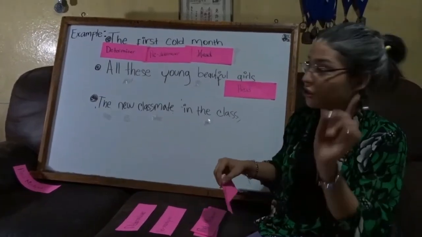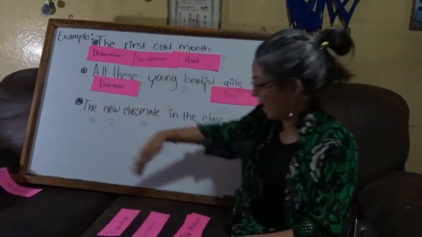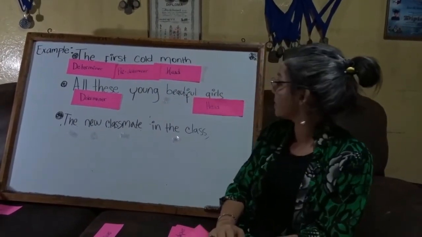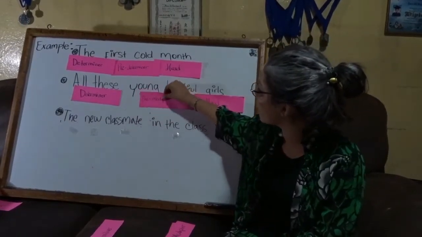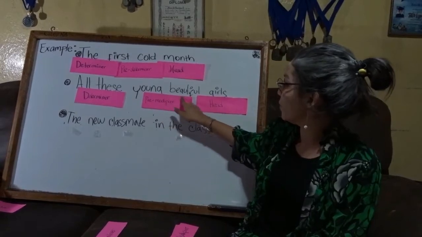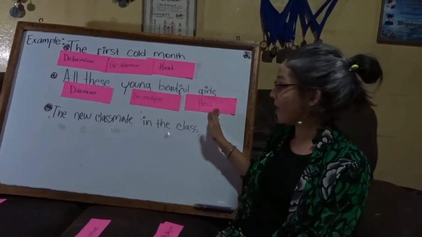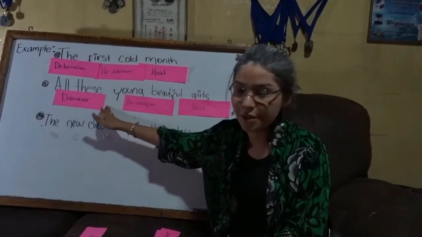In this case, the determiner is all these. And then we are missing something really important, which is the premodifier. The premodifier in this case is young beautiful. Why? Because this is the head, and then we have the premodifiers and the determiners.